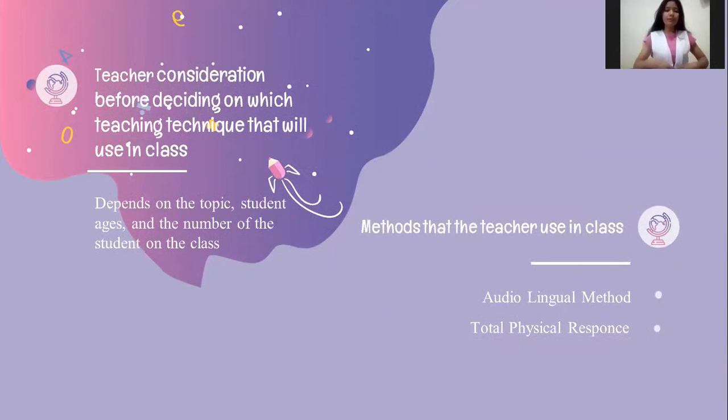So we already found out a lot of things in this interview, and some of our findings are, the first one is we asked about the method that the teacher used. Before we talk about the method, I'm going to talk about the curriculum used in Don Bosco Elementary Private School.